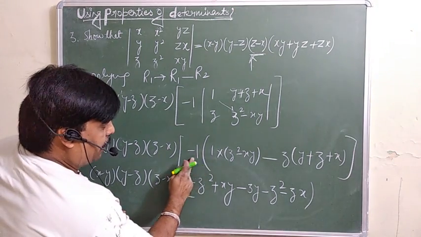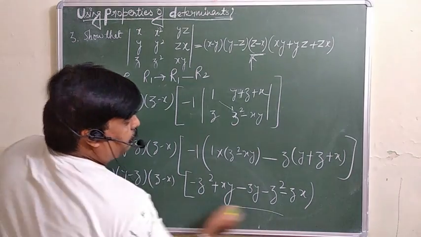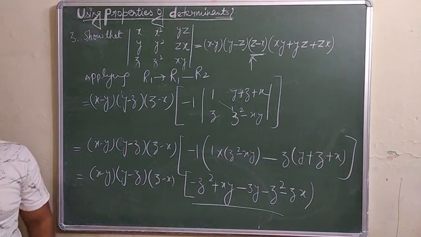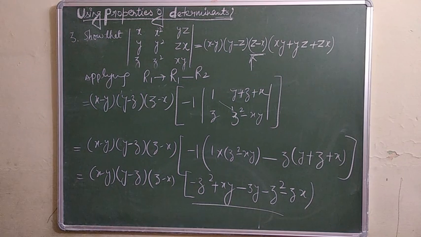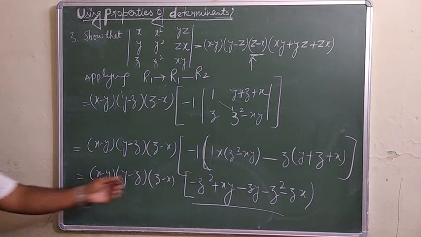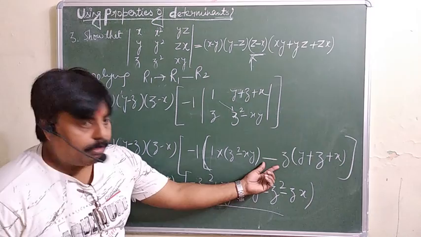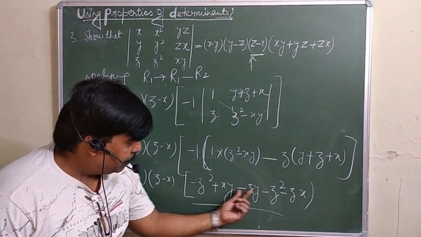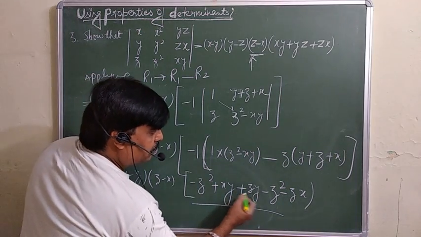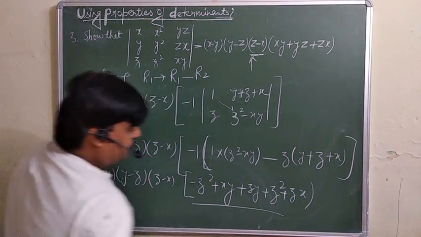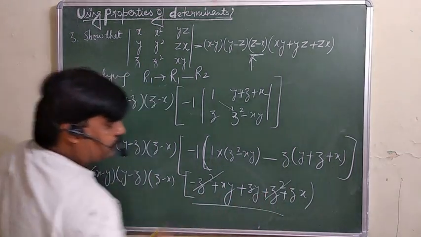Wait a minute please, something is wrong here. Yes, by this minus, the sign will also change, so we are correcting this mistake. So this becomes a plus, then plus, and this plus is there. This minus z square plus z square you can cancel.